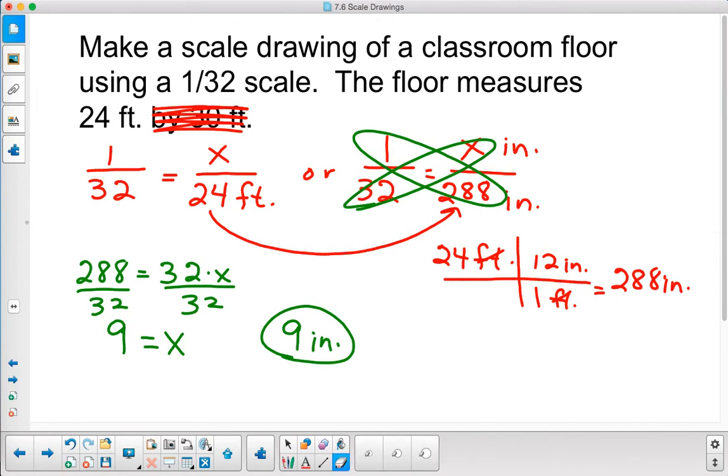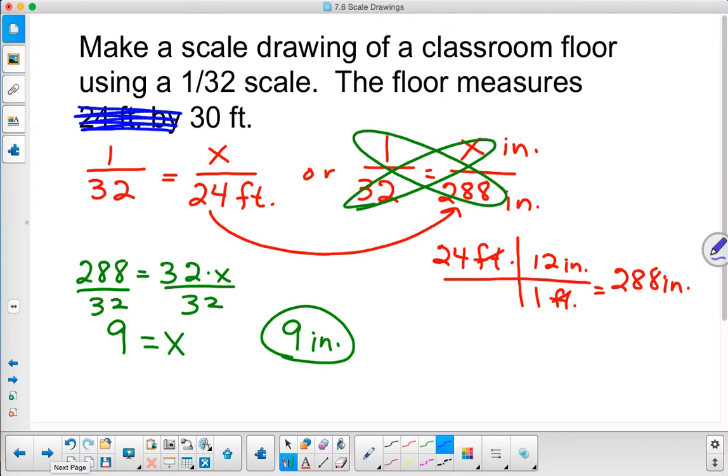So I'll go back to the 30 feet up here. This time I'm going to ignore the 24 feet because we just worked with that one. I'm going to do the same steps with the 30 feet.